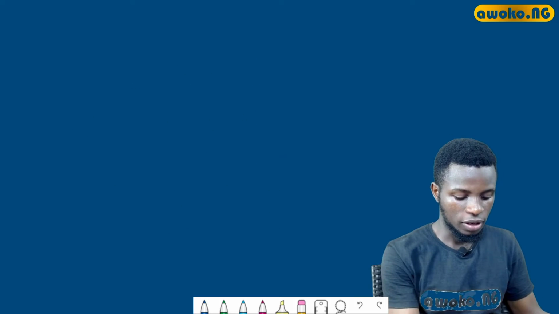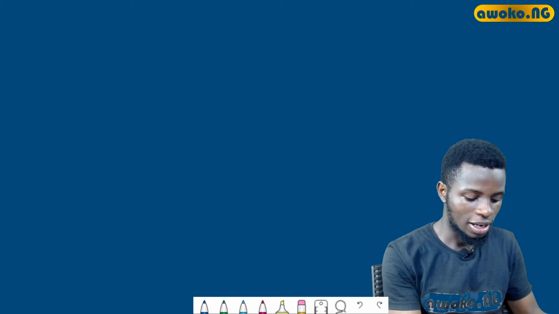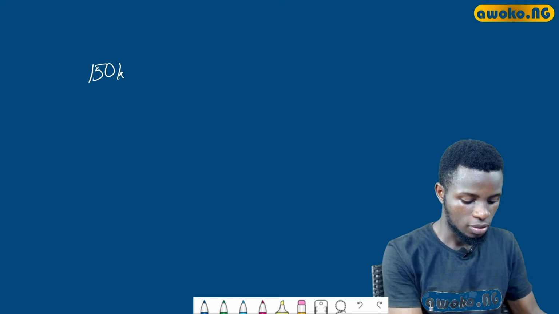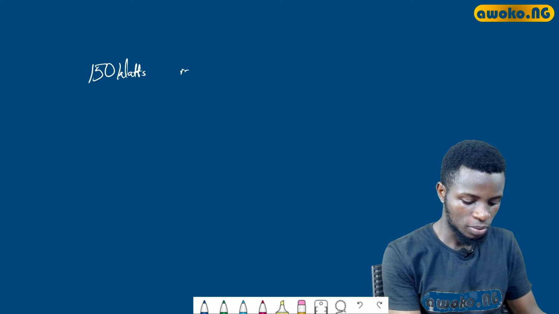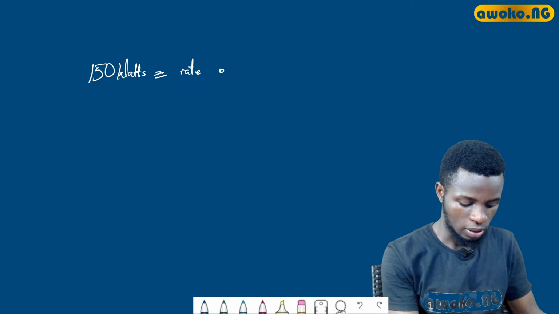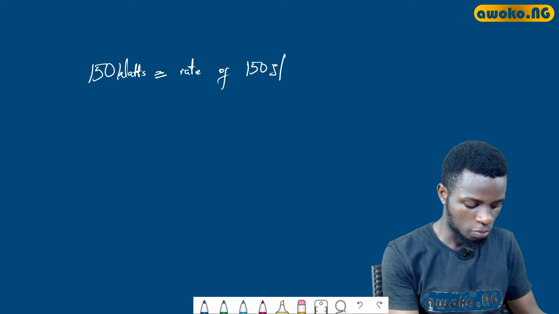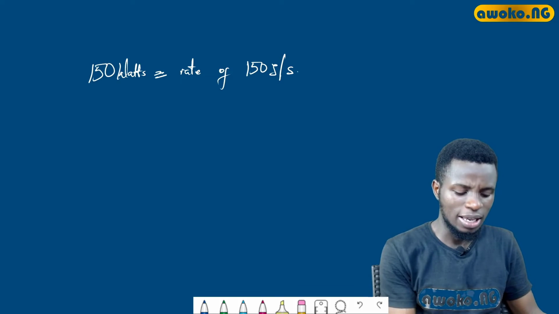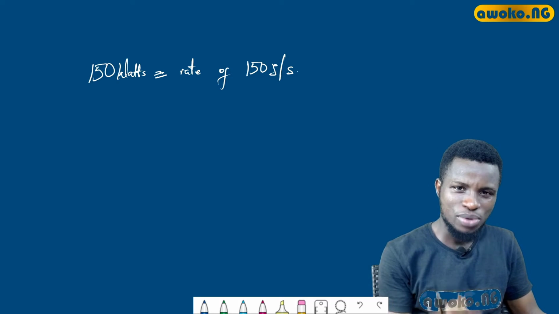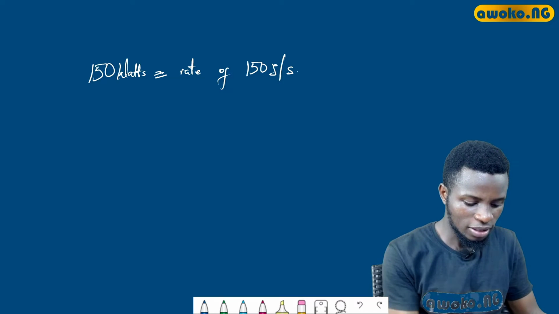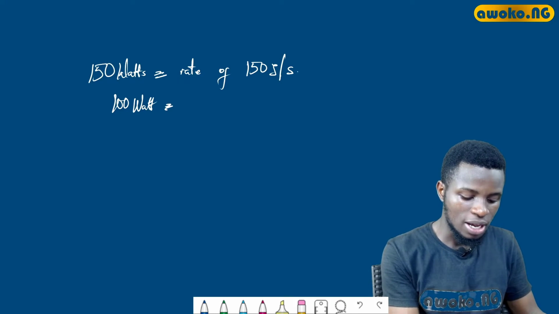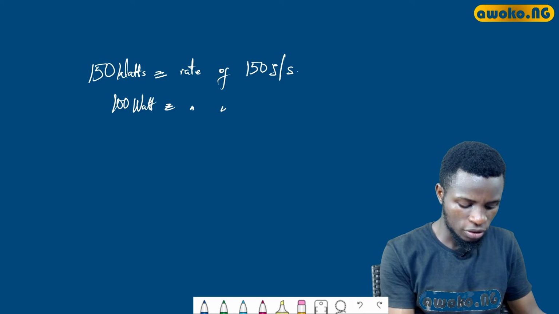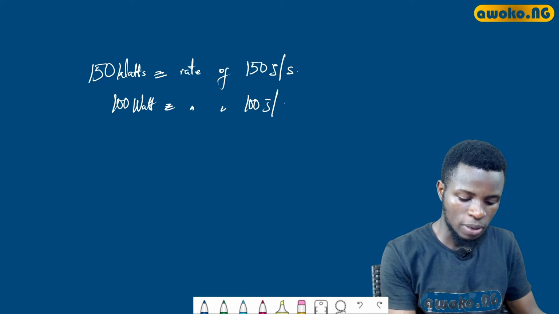So for instance, if a lamp of, let's say, 150 watts uses energy at a rate of 150 joules per second, we realize that this same lamp will produce a brighter light than another bulb of 100 watts, because this bulb of 100 watts is going to produce energy at the rate of 100 joules per second.